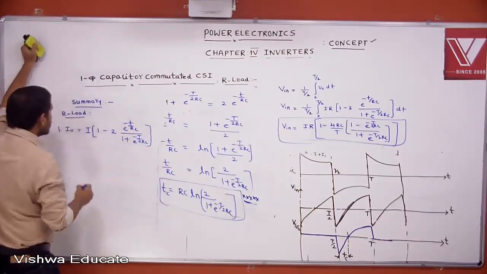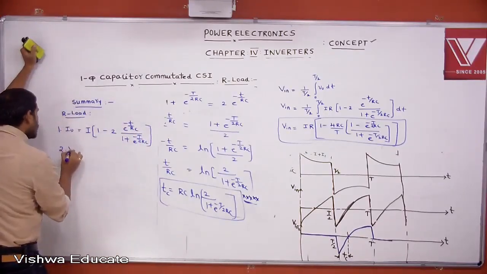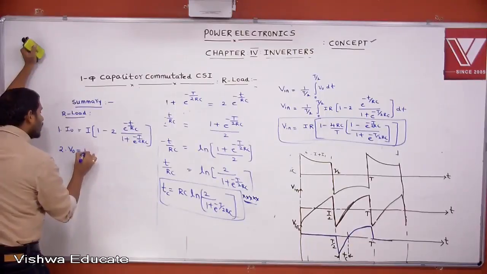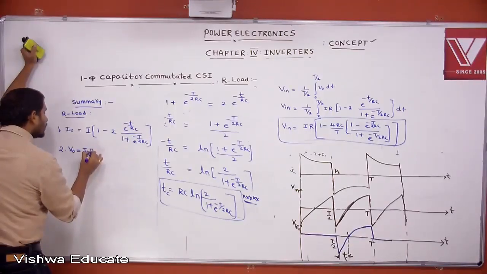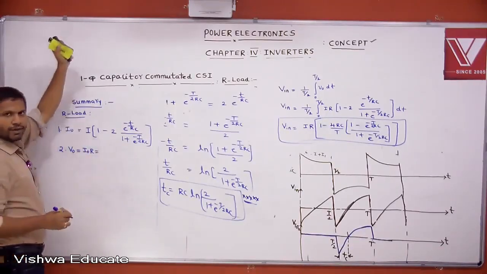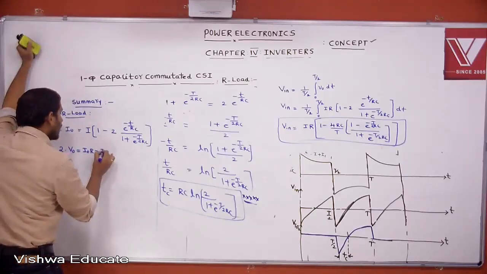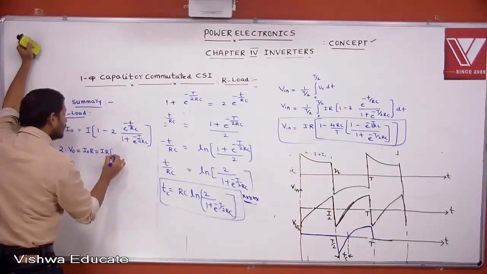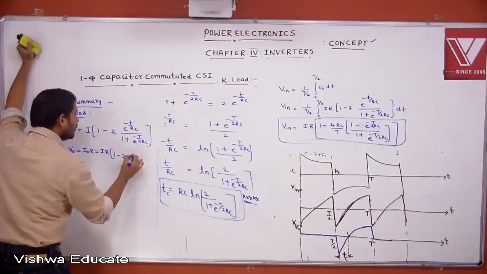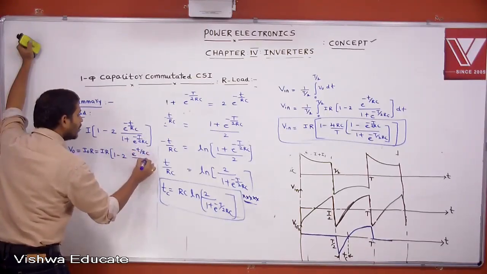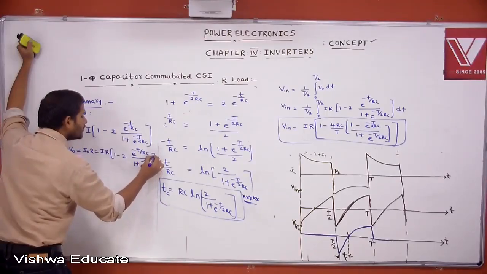Then average load voltage V naught equals I naught into R, which is IR into the same expression, 1 minus 2 into e power minus t by RC by 1 plus e power minus t by 2 RC.